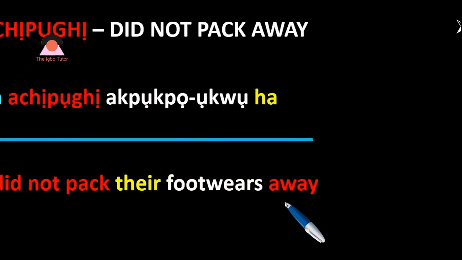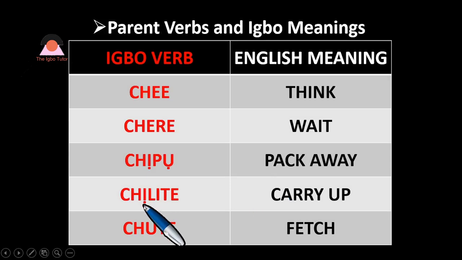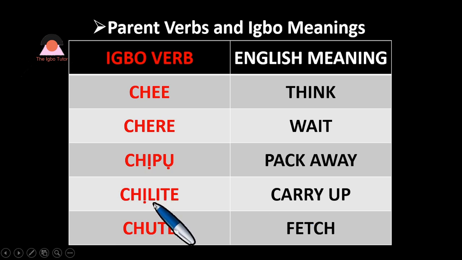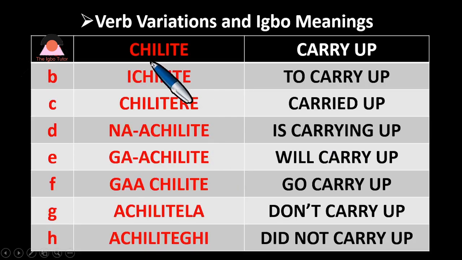Right, we go and pick another parent verb now. We are looking at Chilite, which means carry up. Now you are not carrying away, but you are carrying it up from the ground. And it has to be many things, not a single thing. Let's see how they are broken down into their different forms. Chilite, carry up. Ichilite, to carry up.